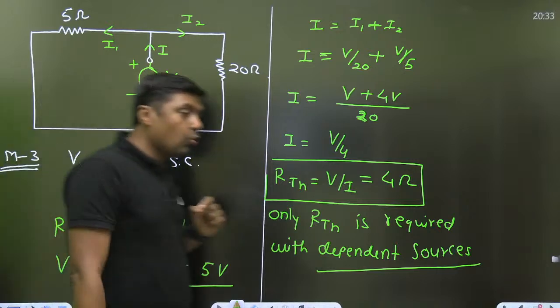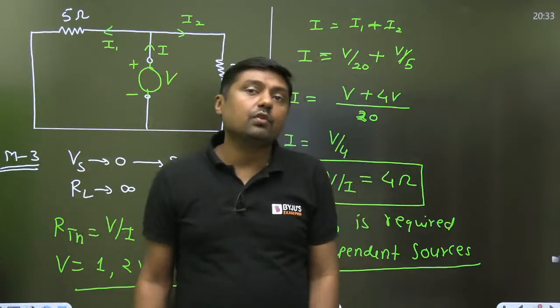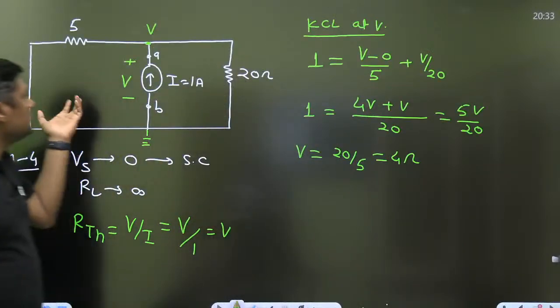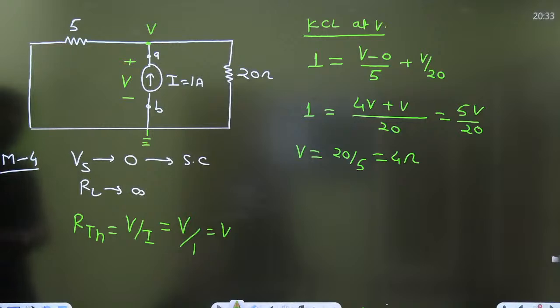We apply the 1 volt battery and you have to calculate V by I, or 1 by I. Or you can use the current method with dependent sources. Okay?